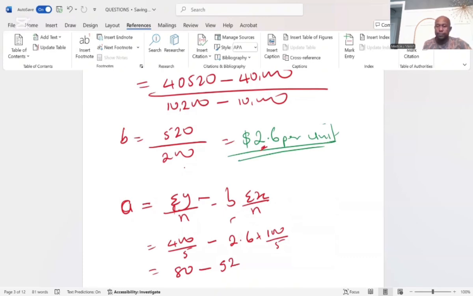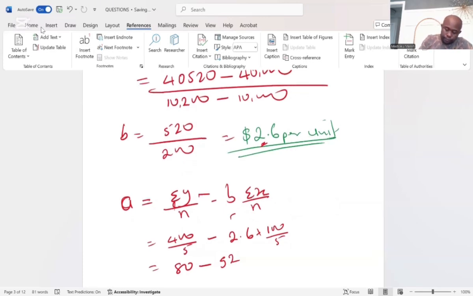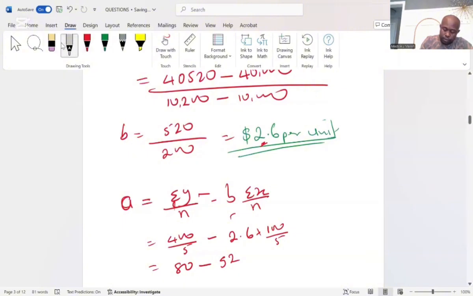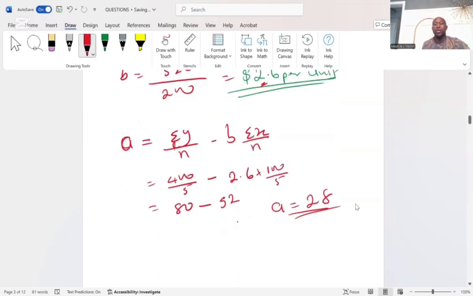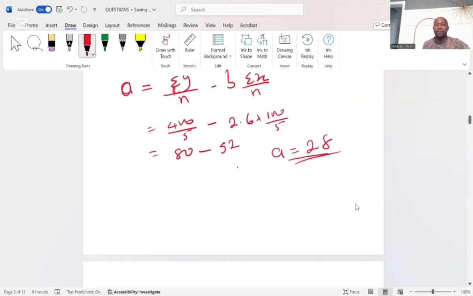That equals what? a is equal to 28. So we've completed requirement 3.